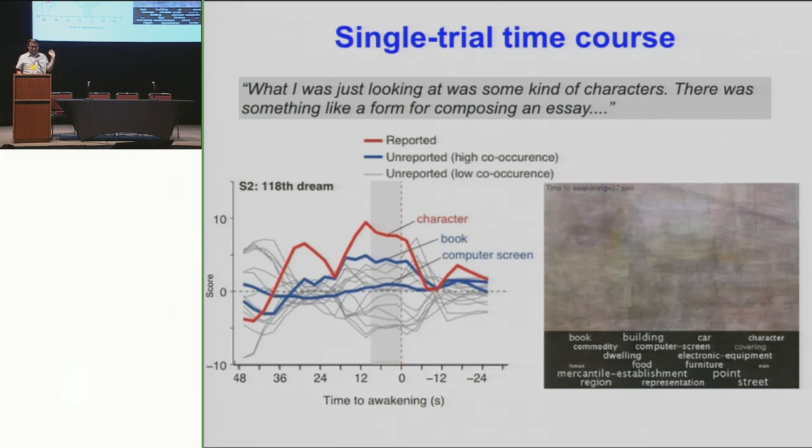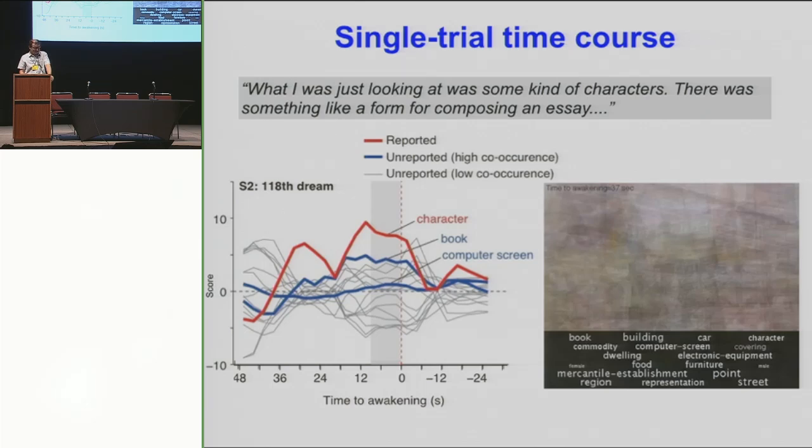But this might be an actual dream which the subject doesn't remember. So in other words, using this method and by refining it to achieve much higher accuracy, we may eventually be able to extract dream contents, even including those which the subject cannot be aware of.